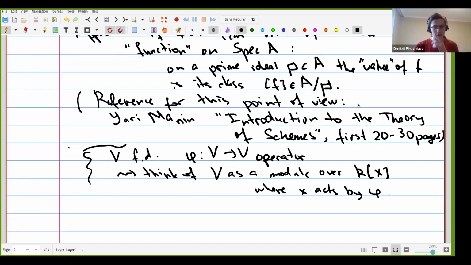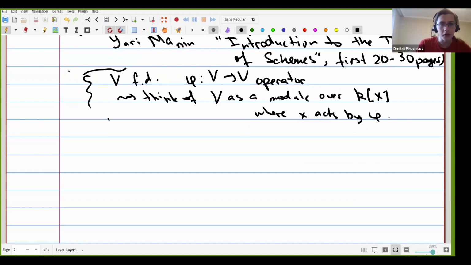And just now I'll only say that the quotient of A by a prime ideal is a ring that has no zero divisors. So this quotient naturally embeds into its ring of fractions, which is a field.